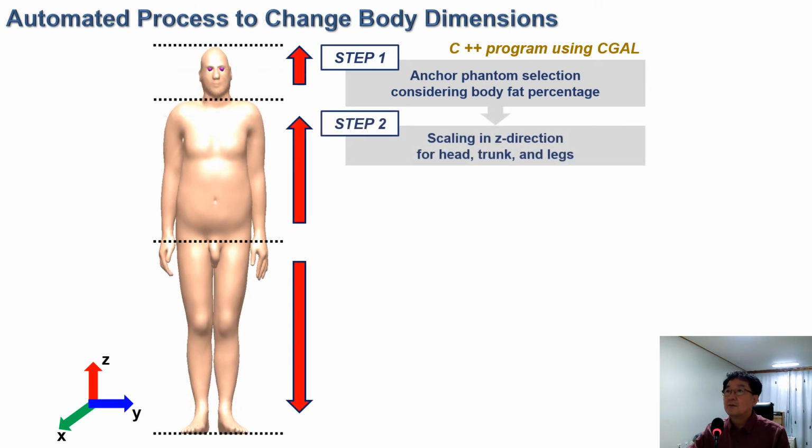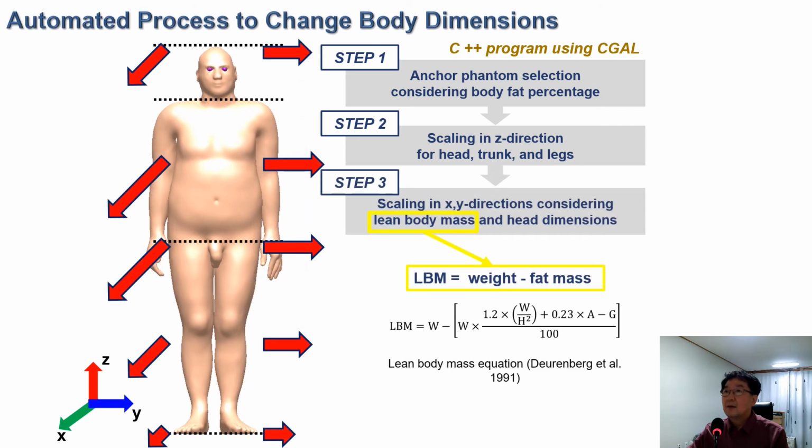Then first, the anchor phantom was scaled in the Z direction for the torso, head, and legs. Then the trunk and legs were scaled in the XY direction to match the lean body mass of the phantom to the target value. Then the head was separately scaled, considering the target dimensions of the head.